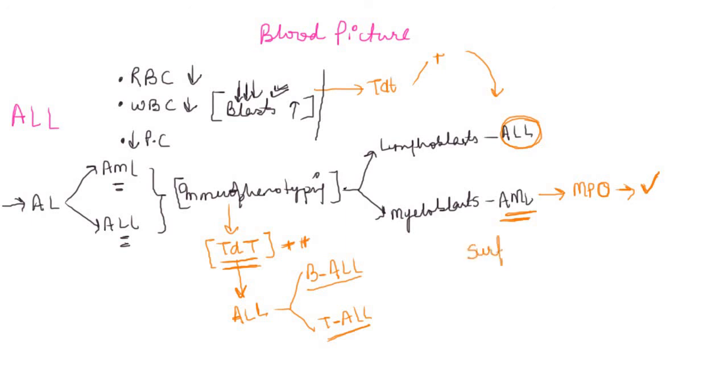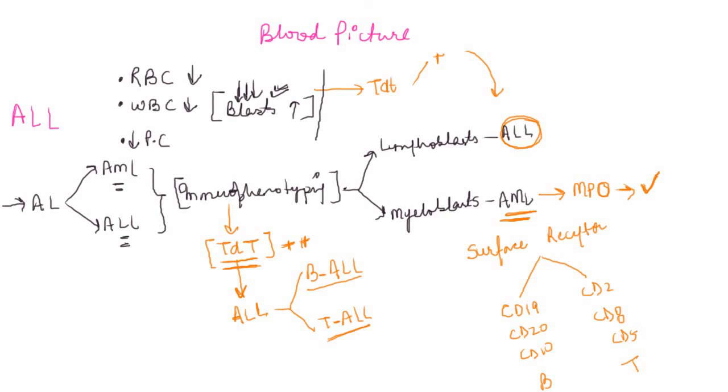There are surface receptors on the B lymphoblast and the T lymphoblast. On the B lymphoblast, the surface receptors are CD19, CD20 and CD10. And on the T lymphoblast, we have receptors like CD2, CD8 and CD5.